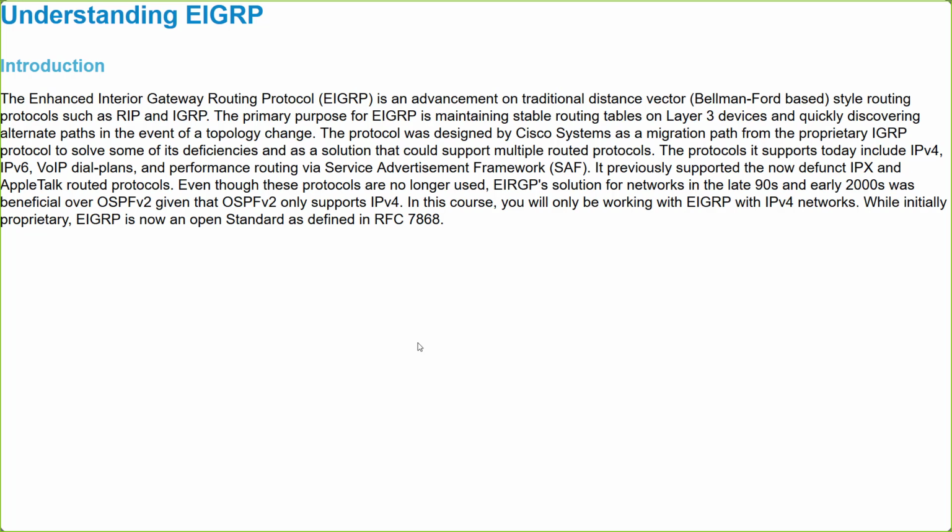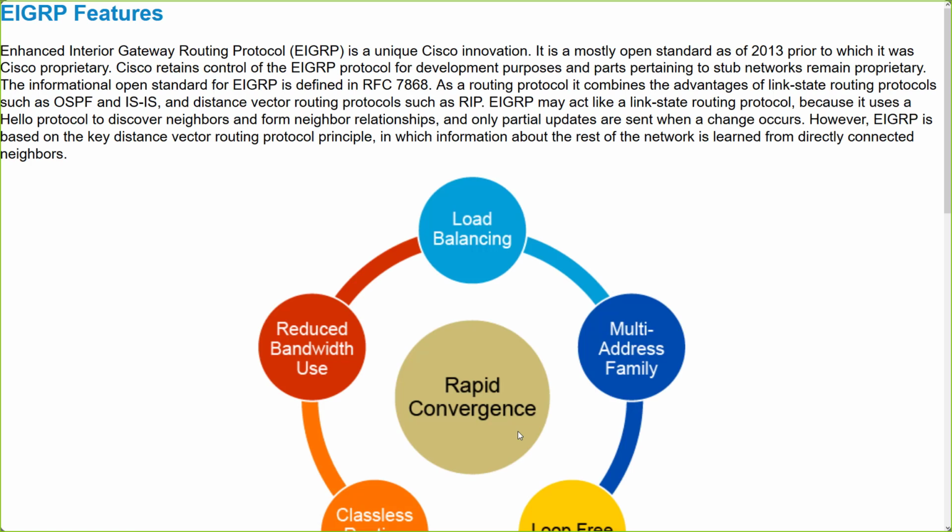All right, we're not going to take a look at that RFC because we're going to pretty much focus on the functions of EIGRP, regardless of whether or not it's the open standard versions or the proprietary components of EIGRP. So what are some of the basic functionality, what are some of the basic concepts of EIGRP, right? Cisco does retain control of EIGRP.